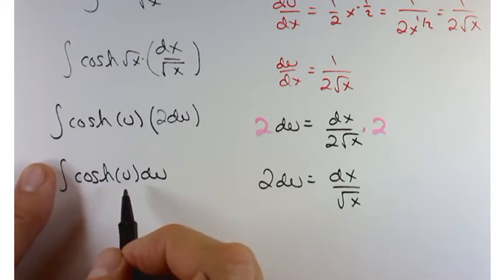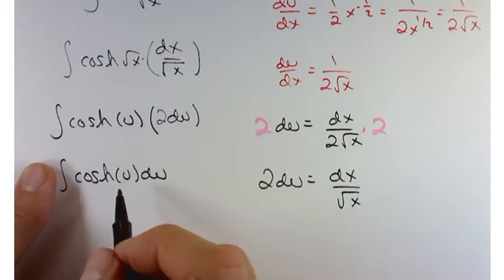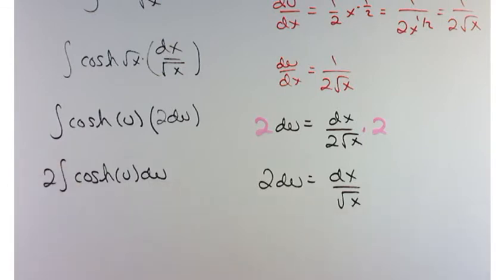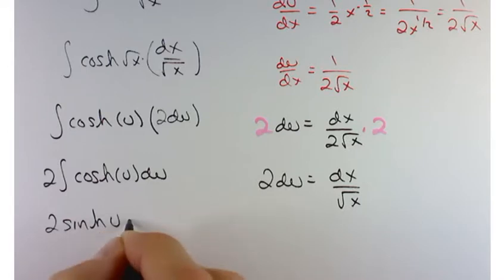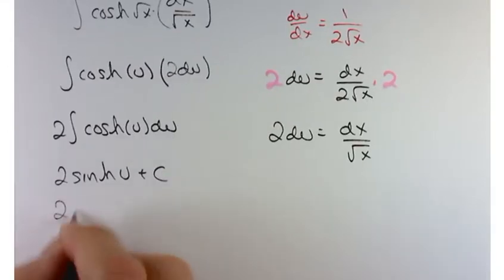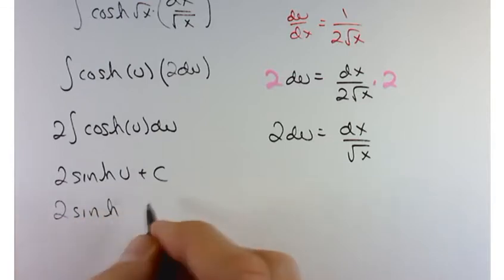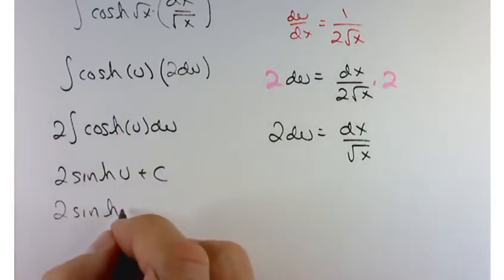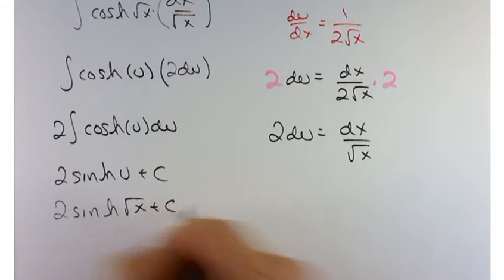Look at your sheets. So now, what do you differentiate to get cosh? Sinh, yeah. So that's 2 of sinh plus your constant. And u was the square root of x. So that's it. There's your final answer.